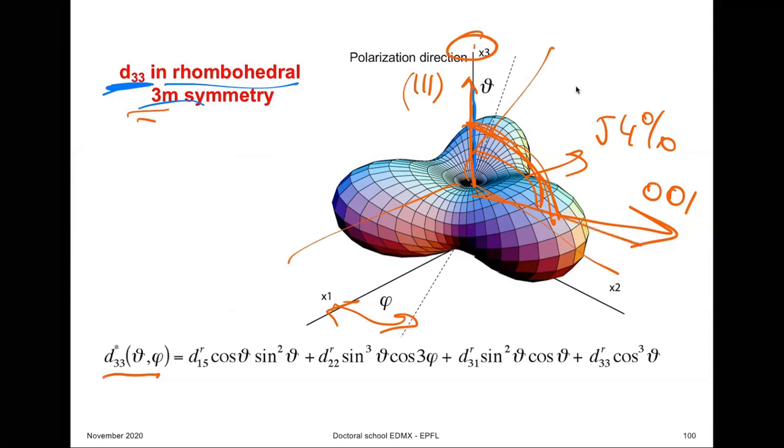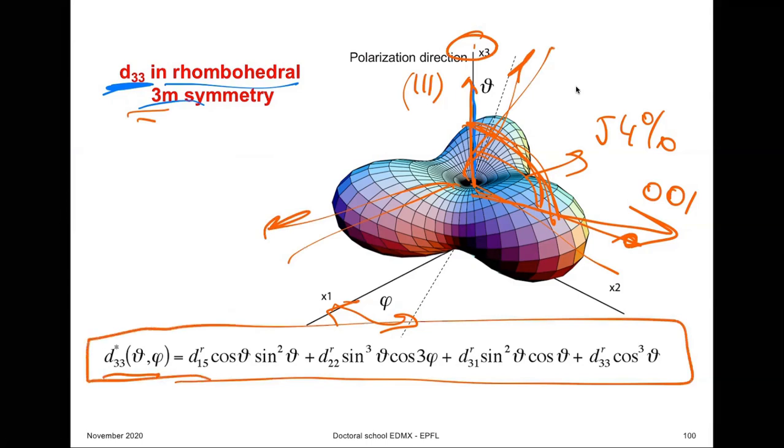So the piezoelectric coefficient is equal here, here, and here, and that's an angle of 120 degrees. So this looks much more complex than for tetragonal symmetry. So if you want to play with these things, it's best to play with tetragonal symmetry, which is more straightforward.